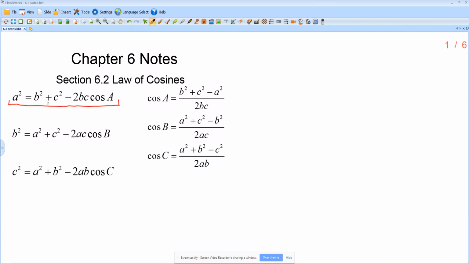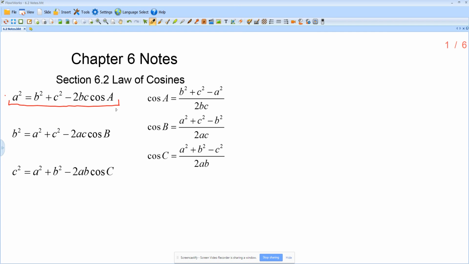If I wanted to find a side A, then A squared is equal to the sum of the squares of the other two sides, minus 2 times the product of the other two sides and the cosine of the angle in which I'm solving for the side, which is weird to think about.